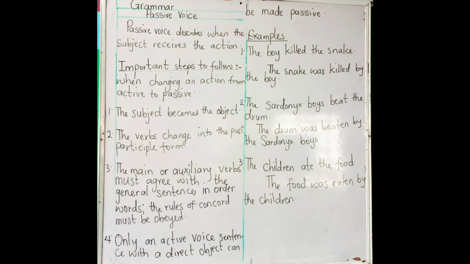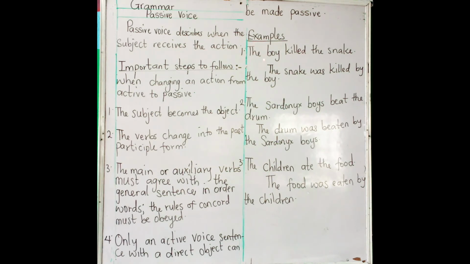So now when you want to change an active sentence into a passive voice, you do not change those sentences that I highlighted that do not contain objects. There is no way you can work with those ones. You can only change sentences in their active forms that contain a verb, contain a subject, and equally contain an object. Now there are some examples on the board.